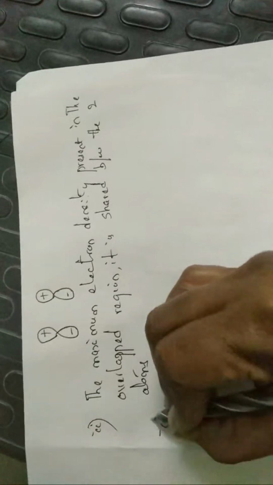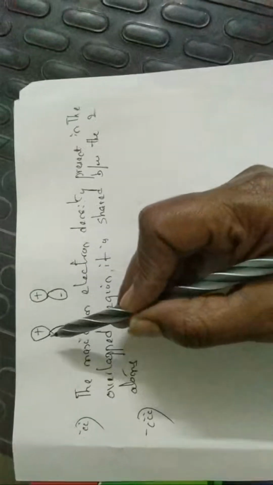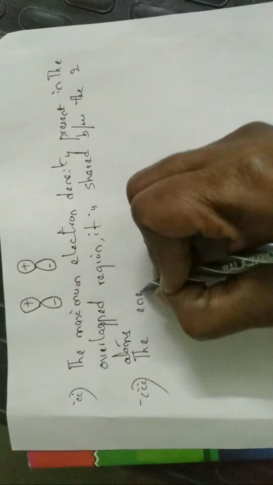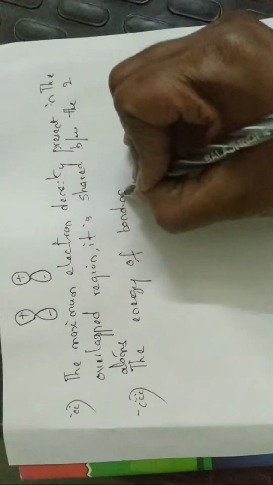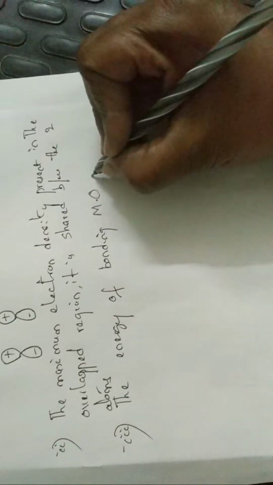Next, the energy. There will be energy, right? The energy of the bonding molecular orbital will be less.